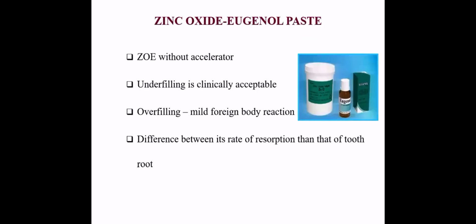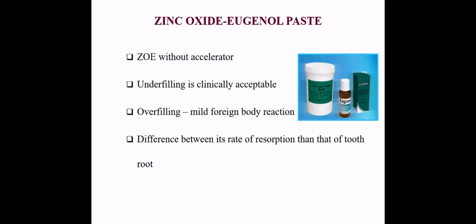Now, commonly used obturating materials in primary tooth are: one is a zinc oxide eugenol paste. That is zinc oxide eugenol, where zinc oxide without the accelerator is used. Okay, underfilling is clinically acceptable in primary dentition, but if you do an overfilling with the zinc oxide eugenol, what happens is the eugenol is an irritant.